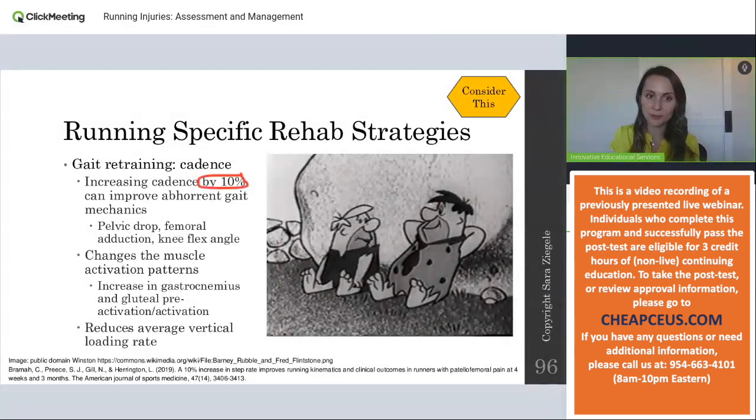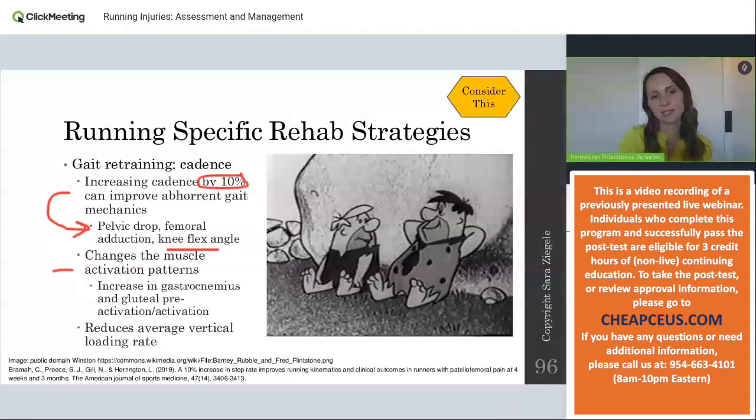When you increase someone's cadence by 5 to 10%, we see a decrease in pelvic drop, decrease in adduction, and an increase in initial knee flexion when they're at initial contact. So these are all gait mechanics that we are trying to improve, and by increasing cadence, they automatically will sometimes migrate in the direction we're trying to achieve.